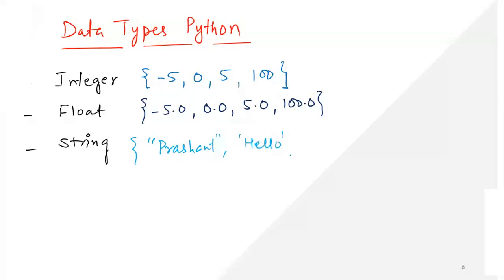If I want to write an integer like -5, I can use it as a string. Even I can use 5.0, the float, as a string. Whenever we are talking about the string, the inverted commas that are used, either single or double inverted commas, we take it as a string. So these are some of the basic data types.